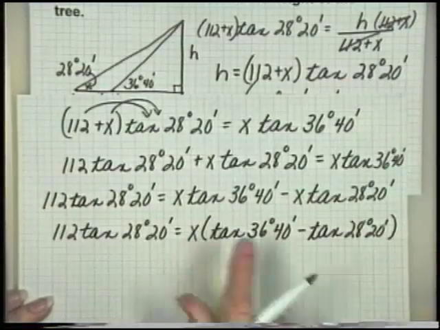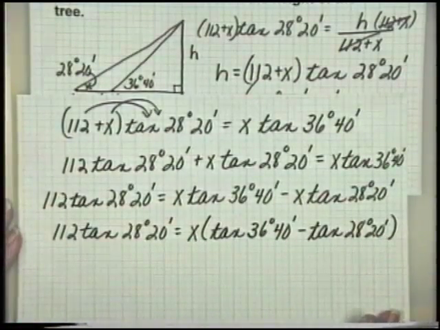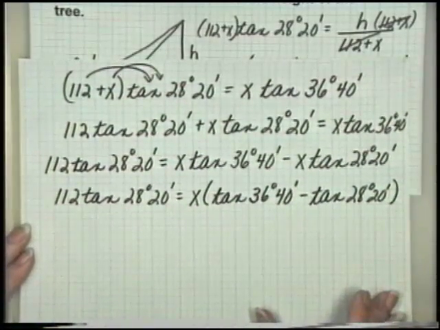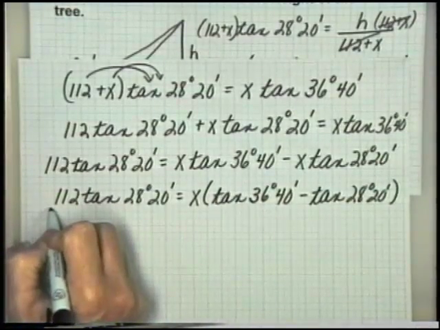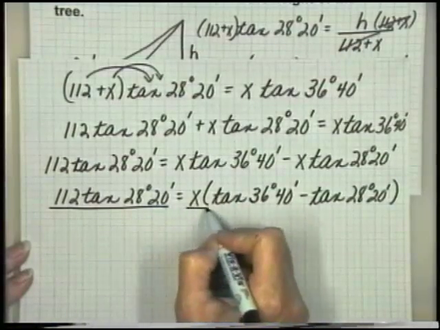Now the next thing I want to do is to get the x by itself. Since x has been multiplied by this, to undo that multiplication, I need to divide both sides of the equation by this. Let's see if I can get it written on here neatly.